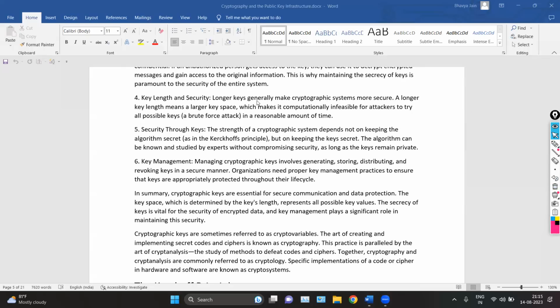So here, longer keys generally make cryptographic systems more secure. A longer key means a larger space, which makes it computationally infeasible for attackers to try all possible keys in a brute force attack in a reasonable amount of time. It is obvious that if you have a larger key, you need higher computational power for cracking the key.